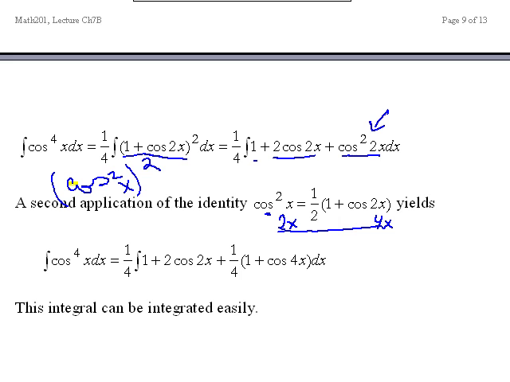And now here's our original integral, which is equal to 1/4 times 1 plus 2 times the cosine of 2x plus 1/4 times 1 plus the cosine of 4x dx. So it took 2 applications of that identity in order to get this into a form that we can solve easily.